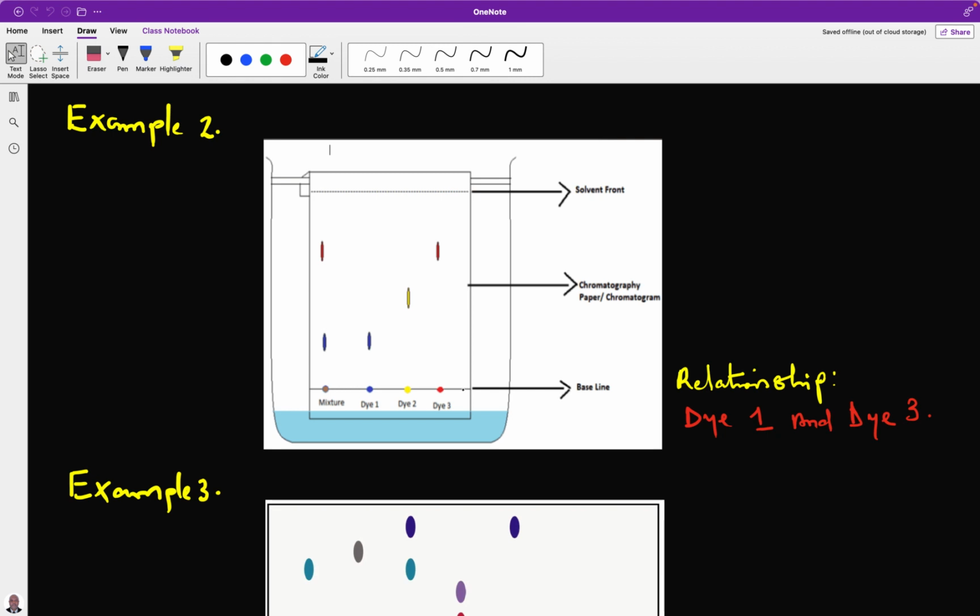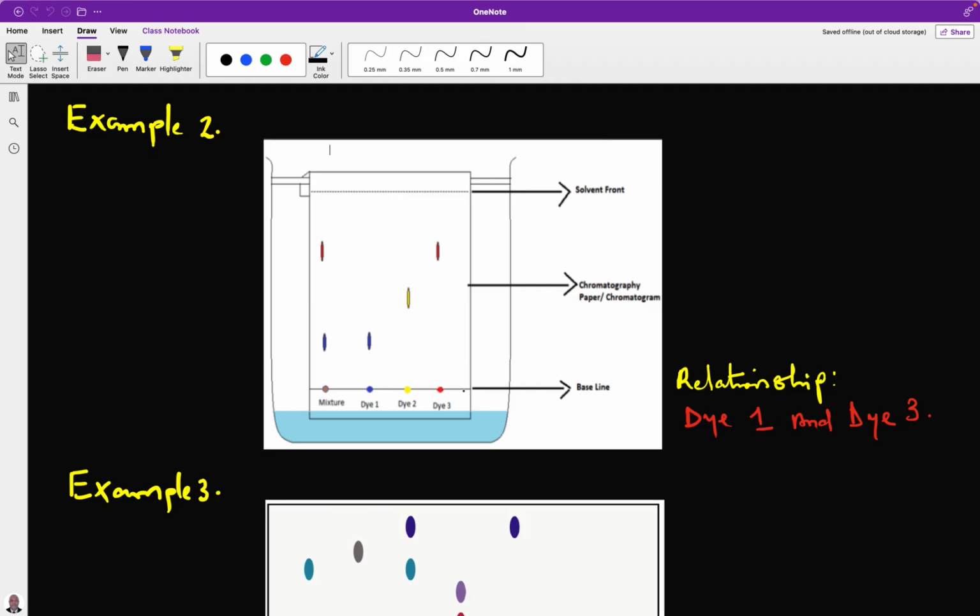Apart from white, all other colors, blue, yellow, red, are a mixture of other colors. White signifies purity.